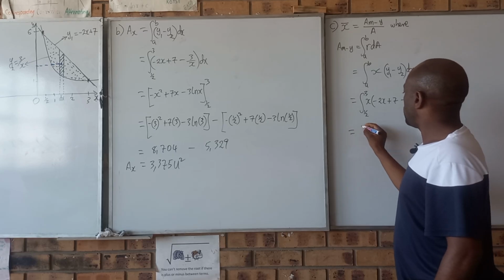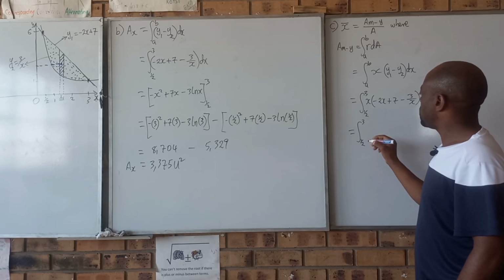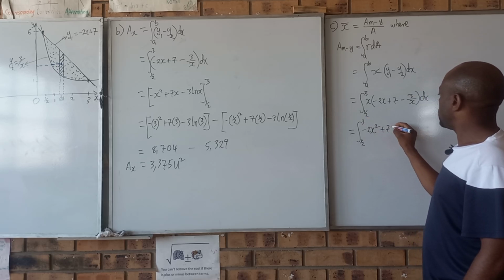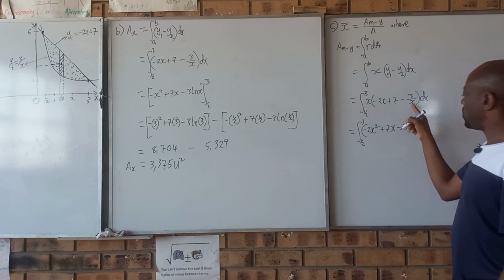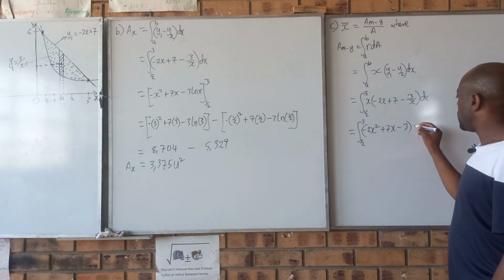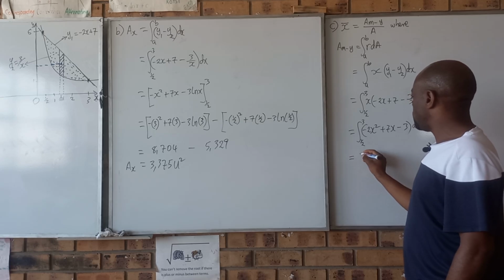Then if I open my bracket, I will get the integral from a half to 3 of negative 2x squared plus 7x minus 3 this time, because this x will take care of the x at the denominator. So we get our dx there. Then we integrate.